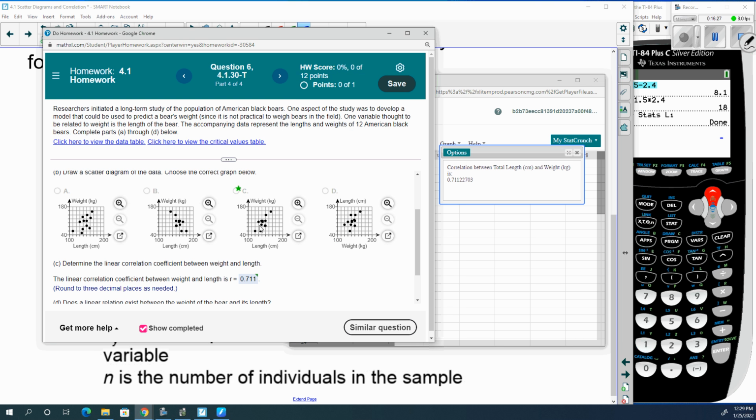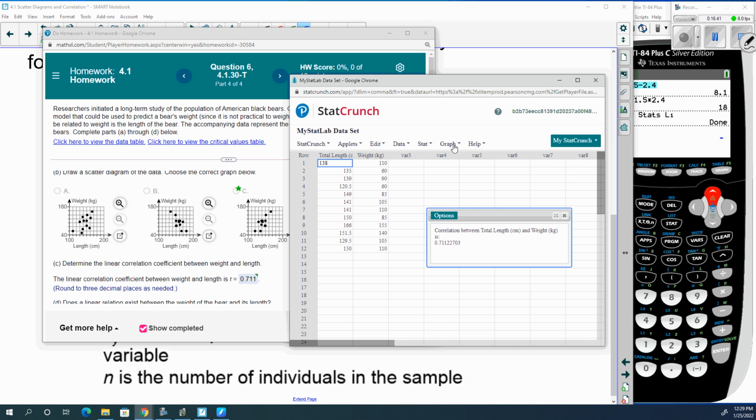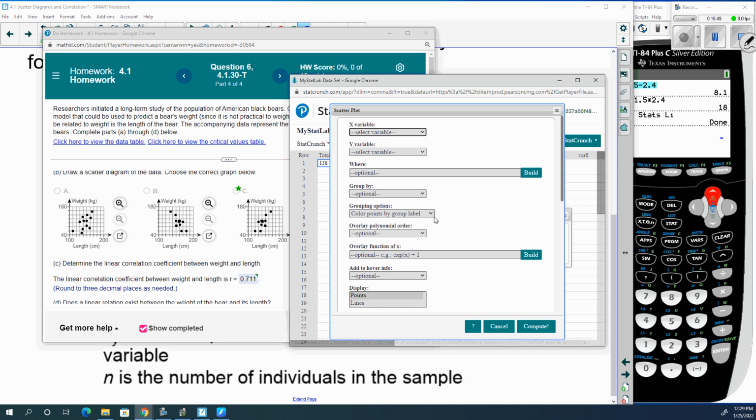In the first part of this problem, where it wanted you to select the graph, notice they all had length and then weight going up, except for this one, the odd one out. I can get StatCrunch to graph things for me by going to Graph, and then a scatter plot.